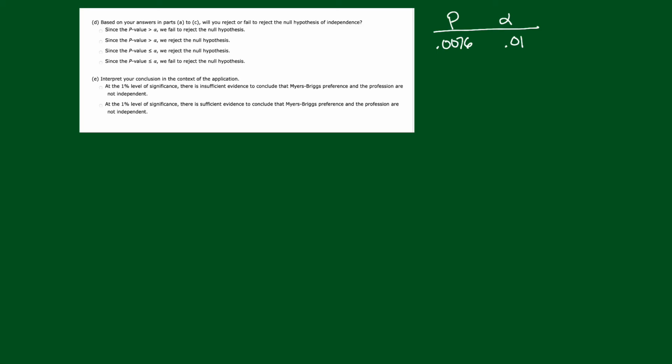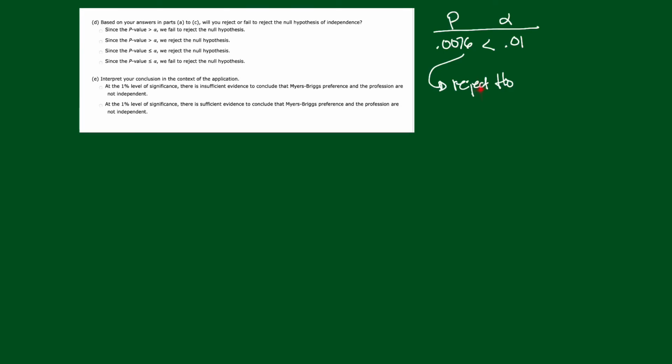This is 0.0076, this is 0.01, this is less. This is about 0.7%, this is 1%. So if it's less, you reject H0. I'm thinking small, but it's a p-value, so it's a small probability. And if the probability is small or low, I think it's an unlikely event. And if it's unlikely, I'm going to reject.